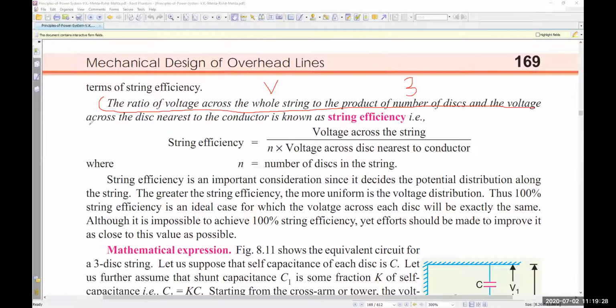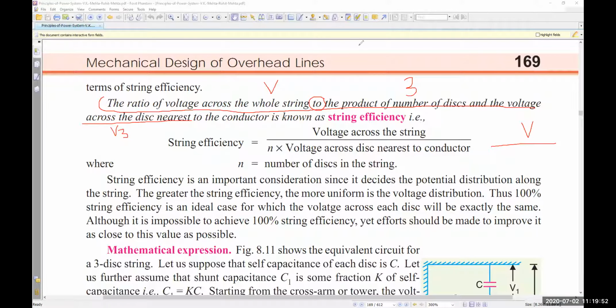And the voltage across the disc nearest to the conductor, that means V3, is known as string efficiency. Ratio means divide, right? Before the word "to", the terms will be at the top. After "to", they will be at the bottom.